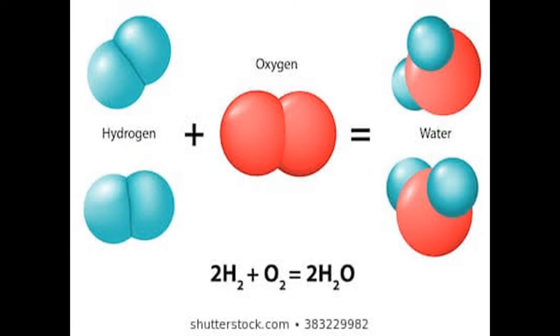As we said, is it chemical or physical change? Of course, this is chemical change. Why? Because it is produced from a chemical reaction. Here, this is hydrogen, this is oxygen. What's happening? They form a new substance with new properties that we cannot find in the reactants.